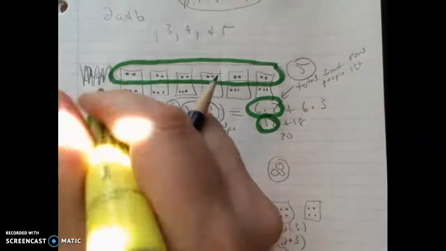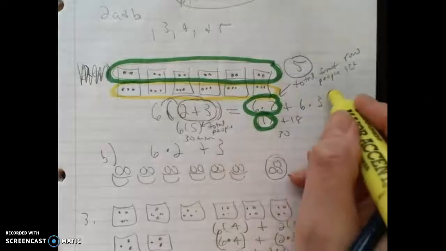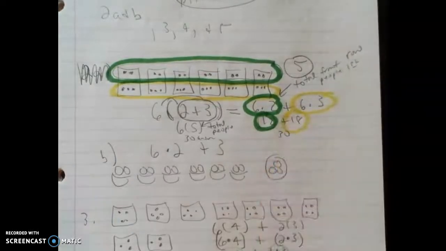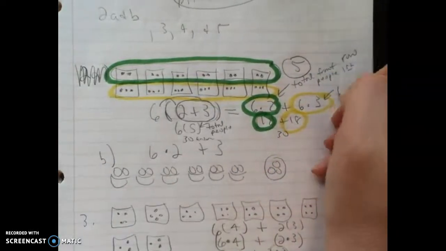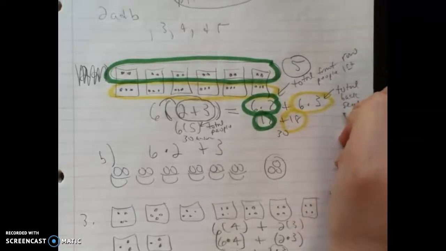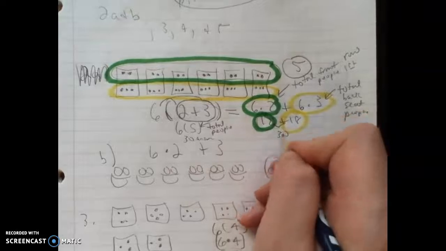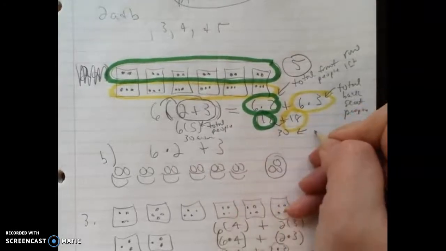And then I could total the back seat people second. So that would be this math. I'm focusing on the back seat people. So total back seat people. And then I could total them later. So then, get the final total at the end.